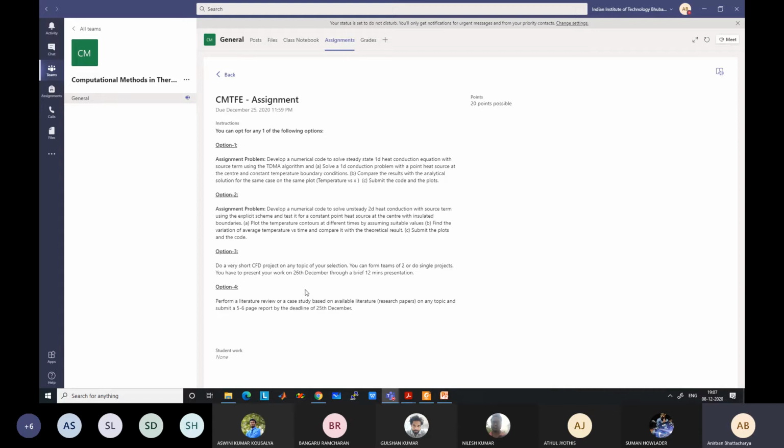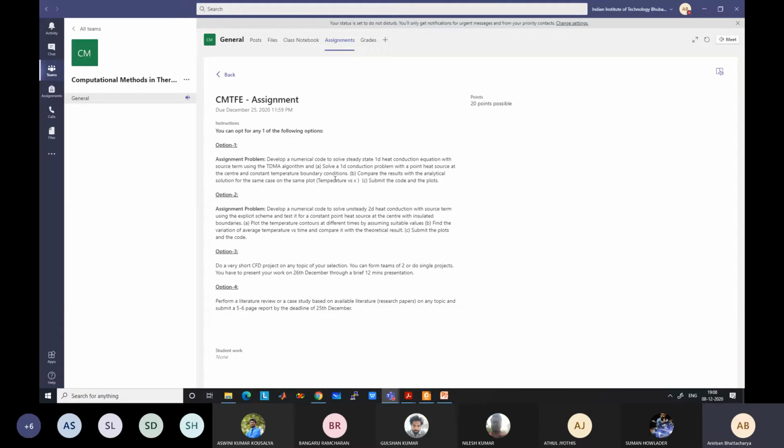If you are not doing a project or a review or case study, those options are also there. Otherwise, you have to do any one of these problems. But whatever you do, option 1, 2 or 4, upload the material here itself, by submitting the assignment here. Do not send email to me. Okay, it is easier to track here.